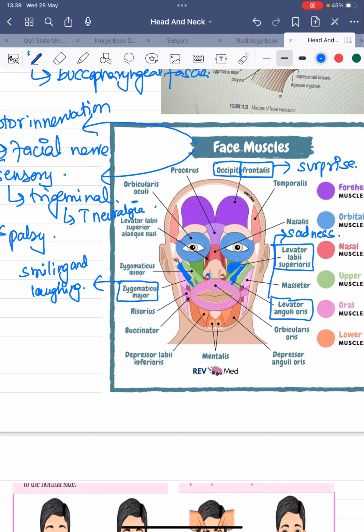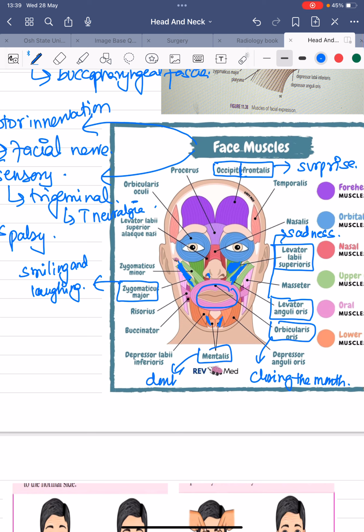Closing the mouth is by the orbicularis oris muscle. Whistling is by the buccinator muscle and orbicularis oris muscle. Doubt is shown by the mentalis muscle.